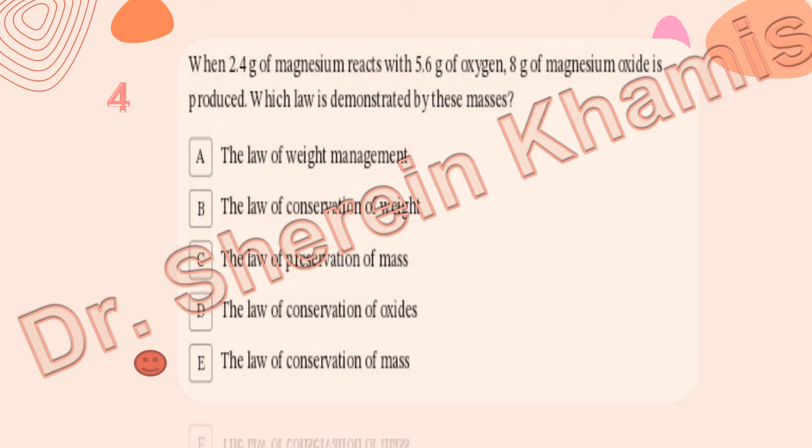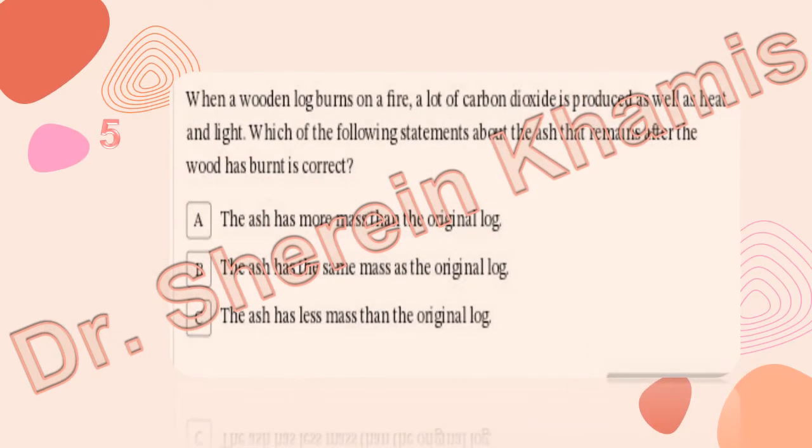Okay, let's go to question 5. Question 5 says that when a wooden log burns on a fire, a lot of carbon dioxide is produced as well as heat and light. Which of the following statements about the ash that remains after the wood has burned is correct?